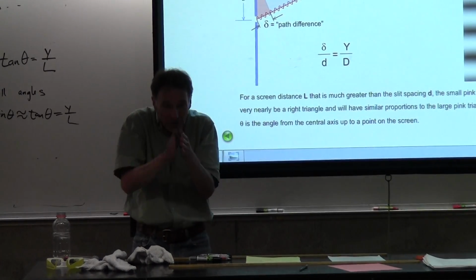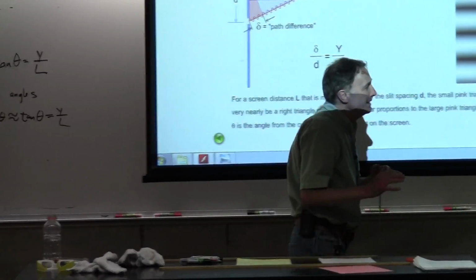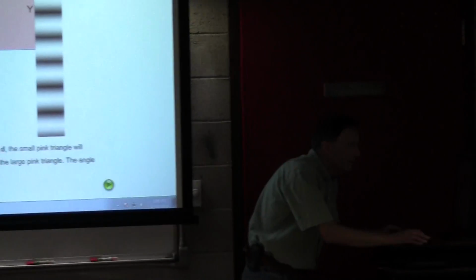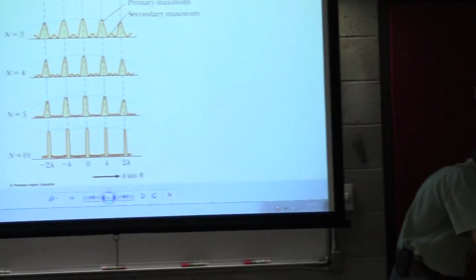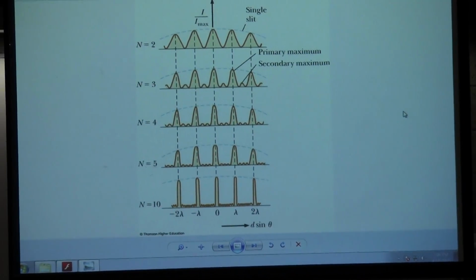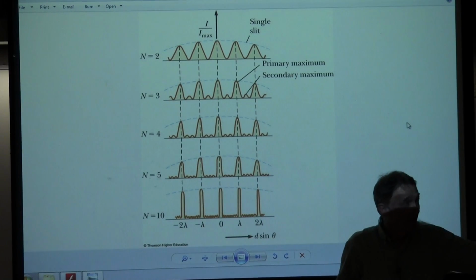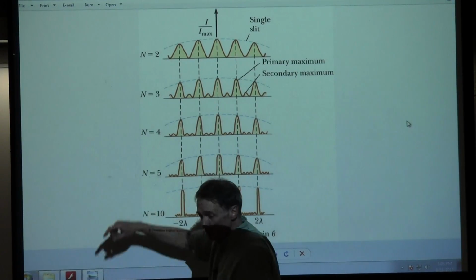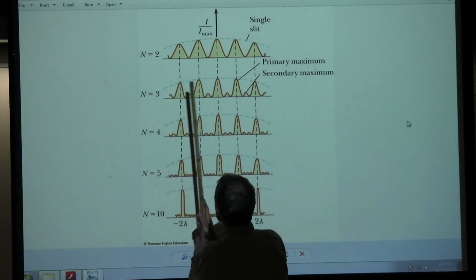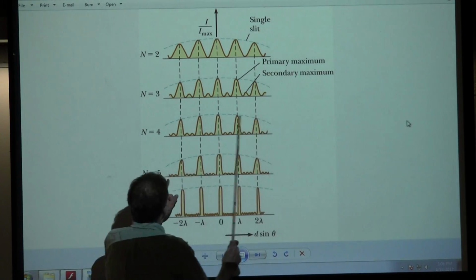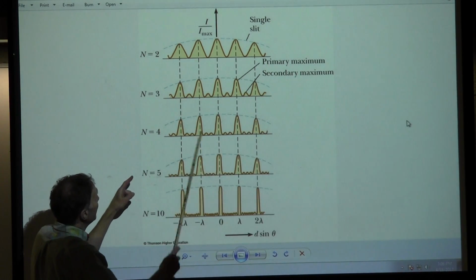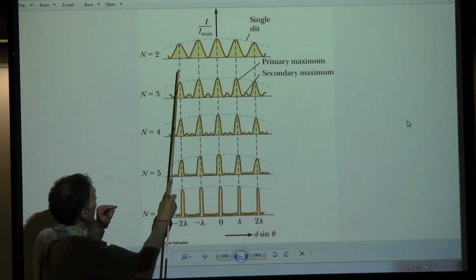A diffraction grating is a bunch of slits. And the idea with that is that if we have a number of slits, the pattern out on the screen for 2 slits has our familiar pattern. As we start to add slits, we get a similar pattern for the maxima.